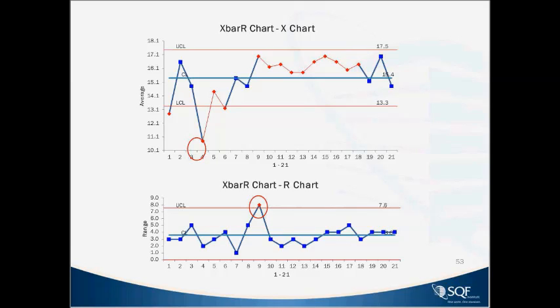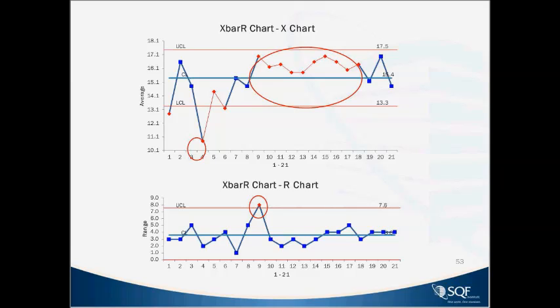That's clearly above the upper control limit for the range chart. So similarly, we would expect the operator to react to this. They're not reacting to a problem with the X bar value, but they would react because there's a problem with the R value.